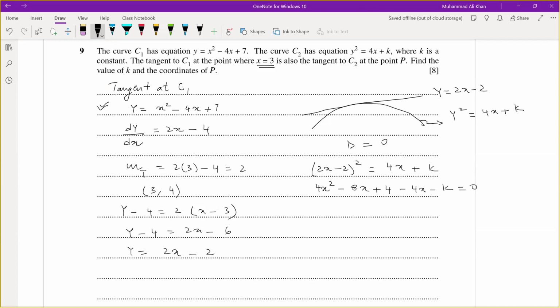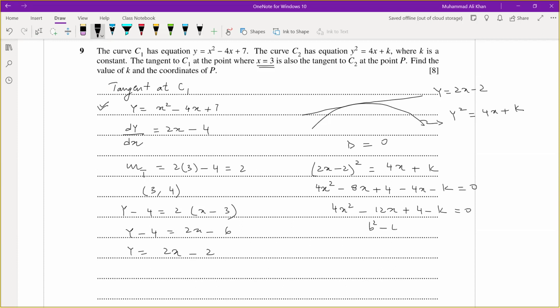So now b square minus 4ac. अच्छा, एक और स्टेप कर लेते हैं जरा. It will be 4x square minus 8x minus 4x is minus 12x plus 4 minus k equals 0.